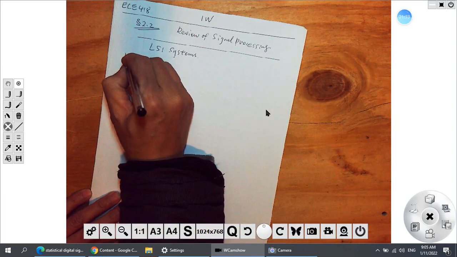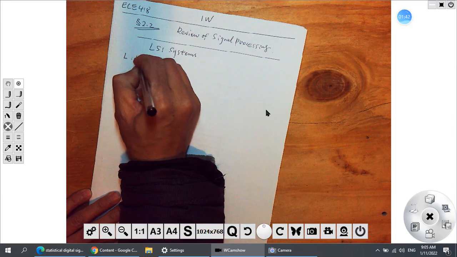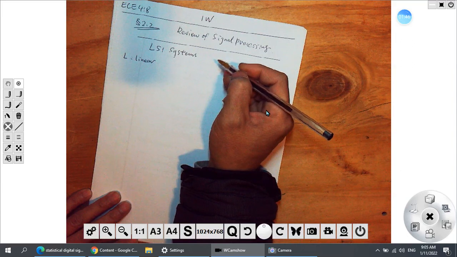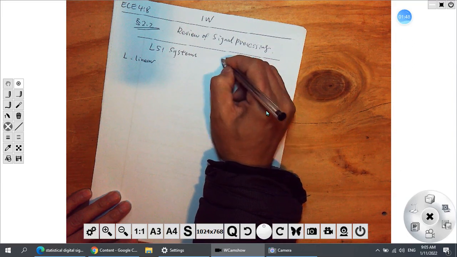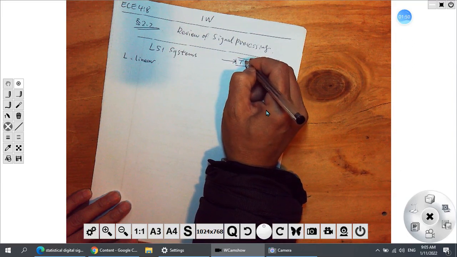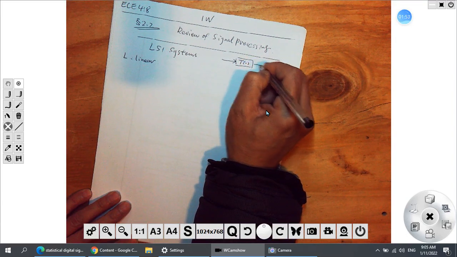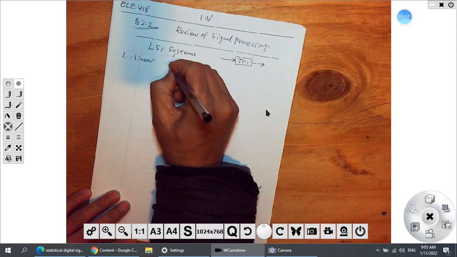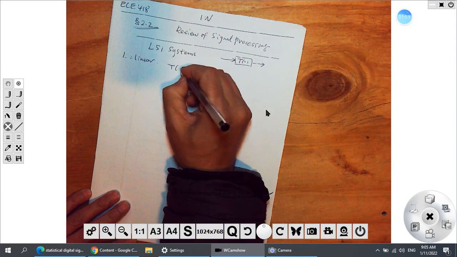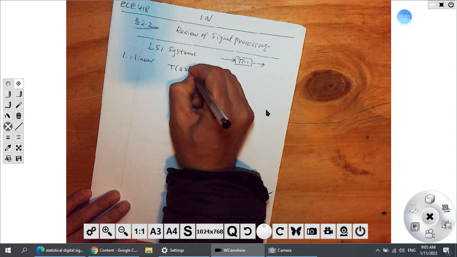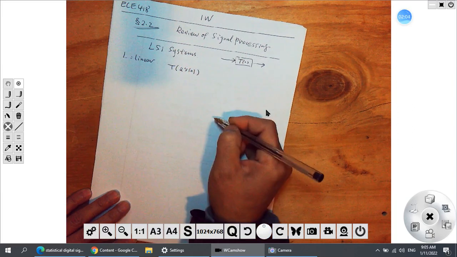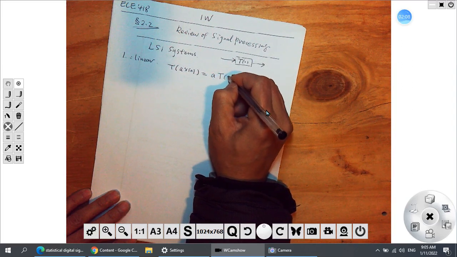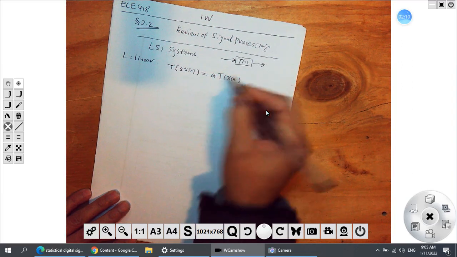Here, L means linear. Suppose the system looks like this. I use capital T for the name of the system. Then linear means T with input a times a signal x[n] will equal a times T of x[n]. Now you can move a out.